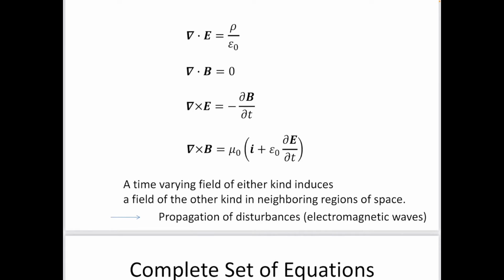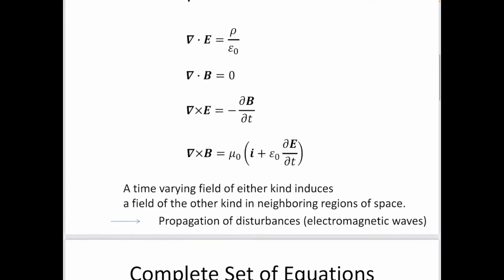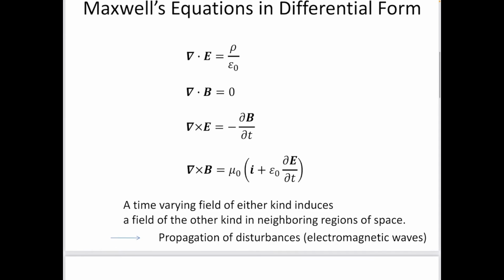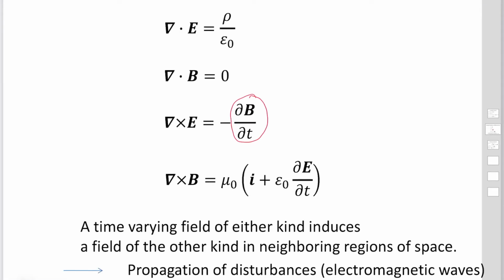By looking at these equations, a time-varying field of either kind induces a field of the other kind in the neighboring region of space. For example, a non-zero time derivative of B produces an electric field, and a time-varying electric field produces a magnetic field.